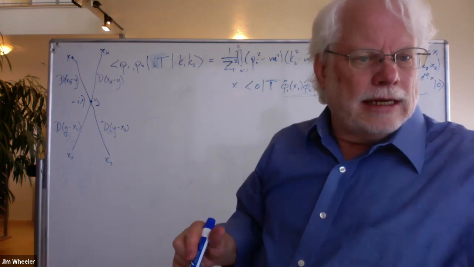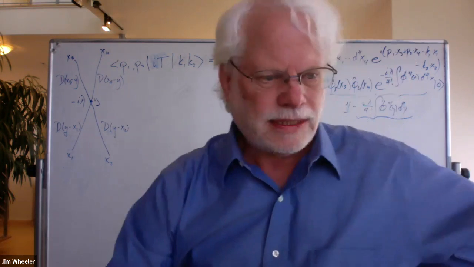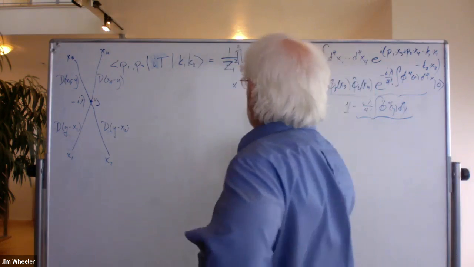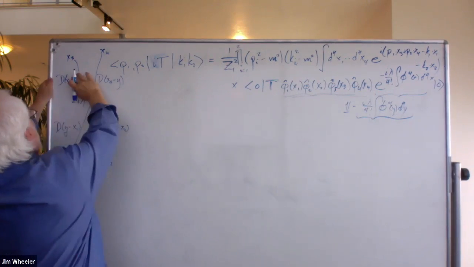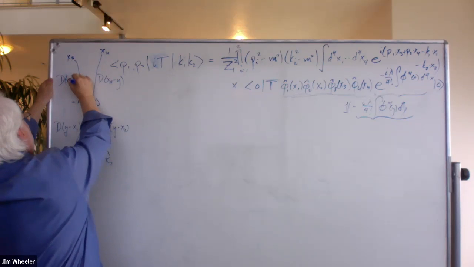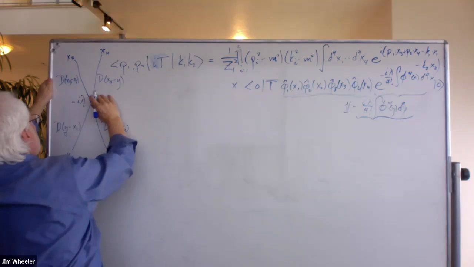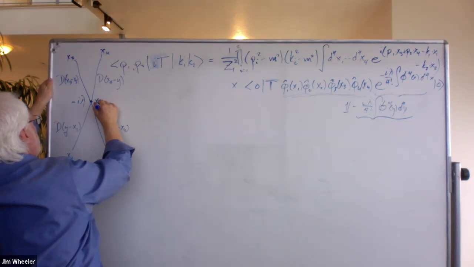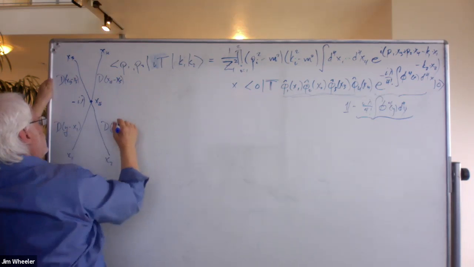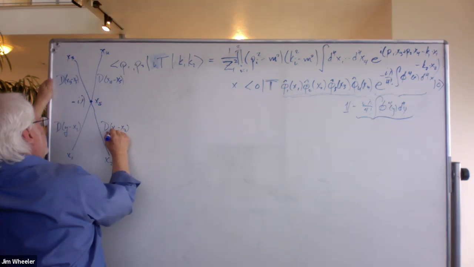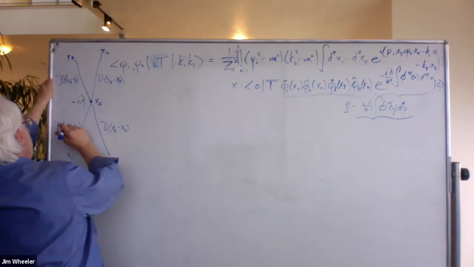And now, what are they going to be? They're going to be these. In the notes, I'm going to change this to an x5. That way it agrees with my notes. So the interaction point I'm calling x5.